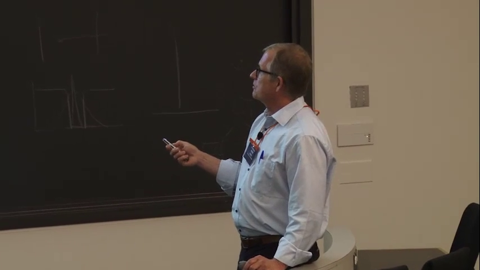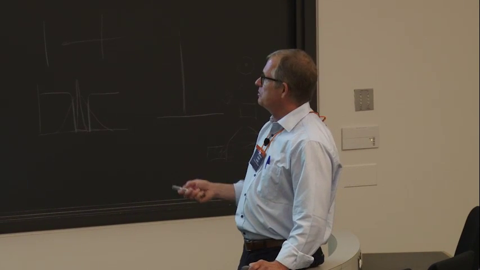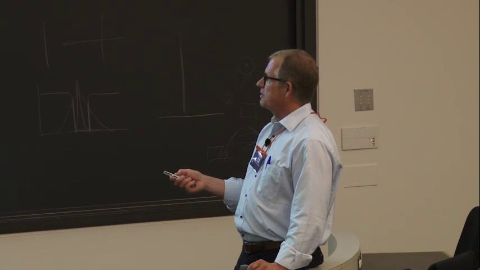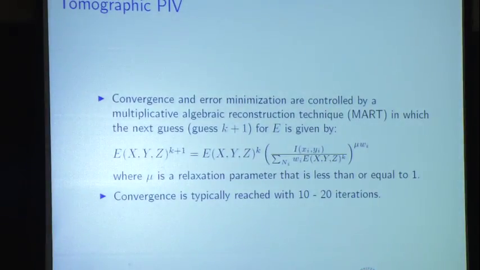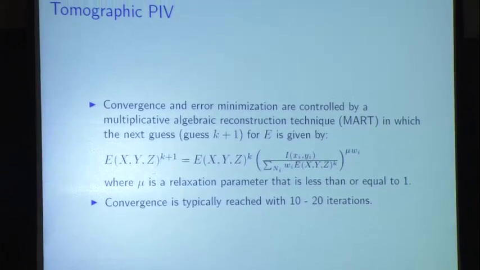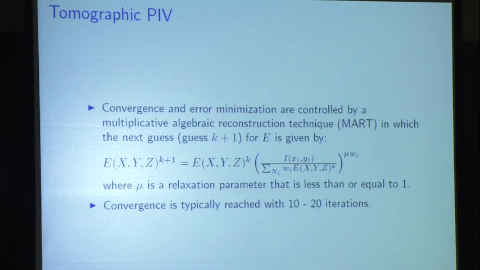You readjust the guess with this relaxation parameter mu, and you guess again. And typically this converges in 10 to 20 iterations, which surprises me. I couldn't believe that when I first read that, but I don't do tomography, so it seems like starting out with just a uniform distribution as a guess and then converging that quickly, I think it's kind of surprising.